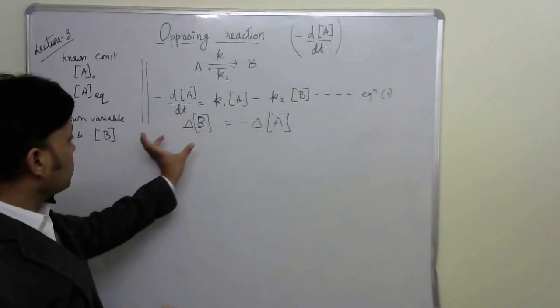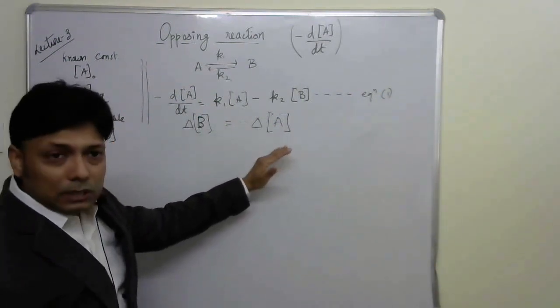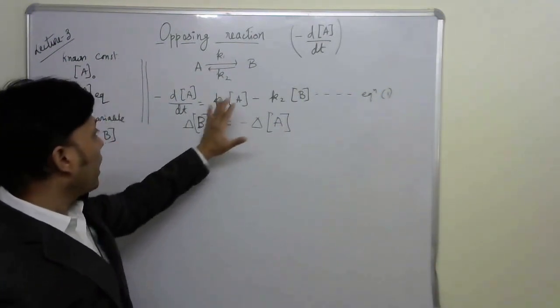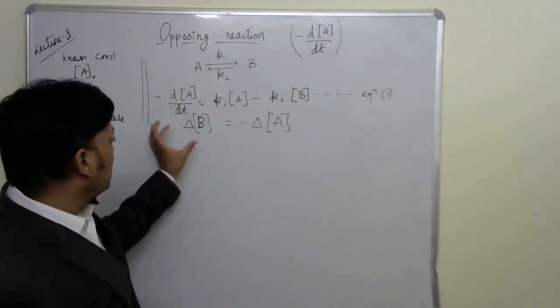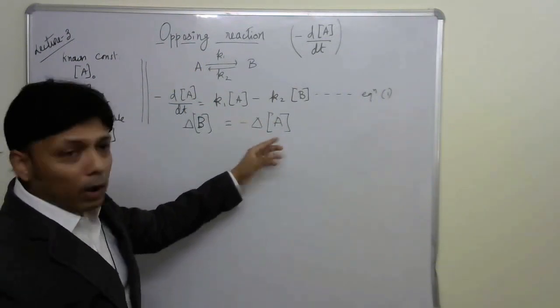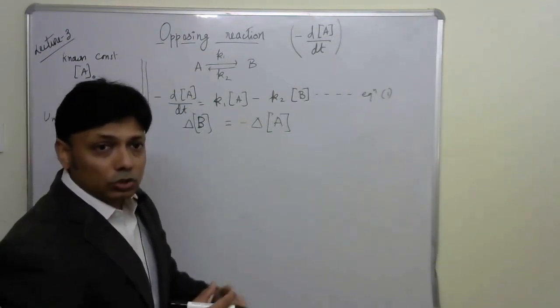So this makes sense. So delta B is equal to minus delta A. It has to be, because the only way of generation of B is from A. So when B is formed, plus delta B is equal to minus delta A. That means A has to decay.